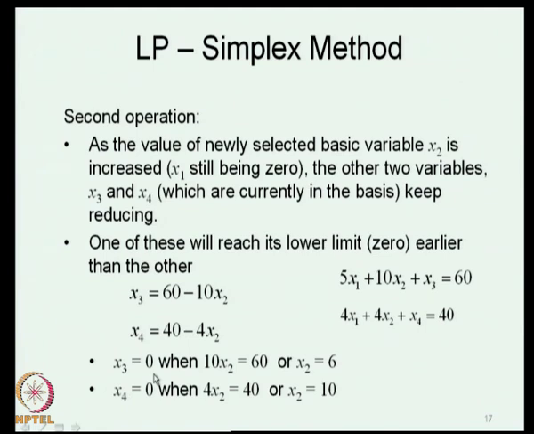You look at the variable in the current basis which becomes 0 first as the entering variable increases, and that is the variable that has to make way for the entering variable.